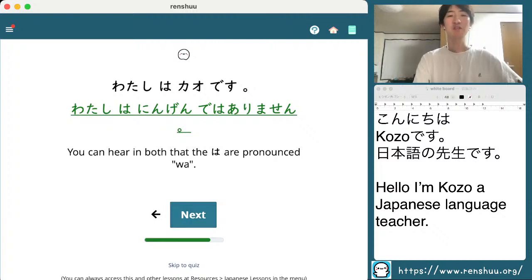I emphasized this wa sound too much, but you don't have to. It's a lighter sound.